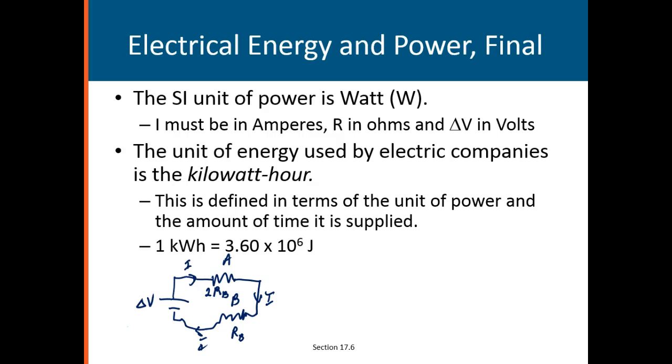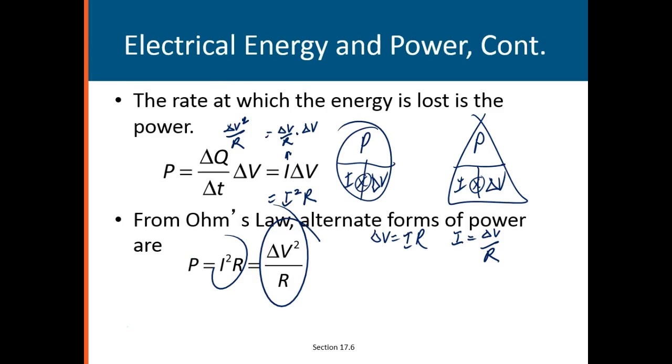If you turn back here, this gives us I's and R. So the power through A would be I squared times 2 RB, and the power through B would be I squared times RB.